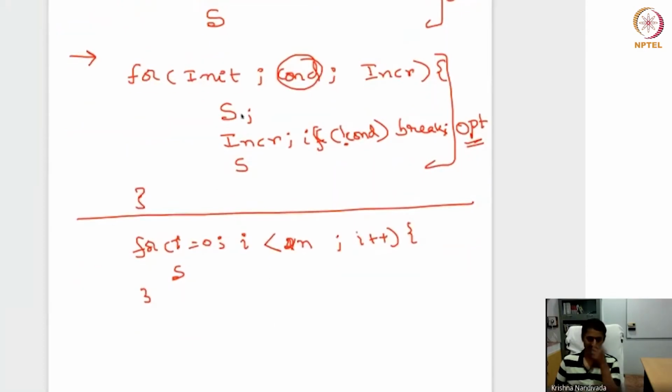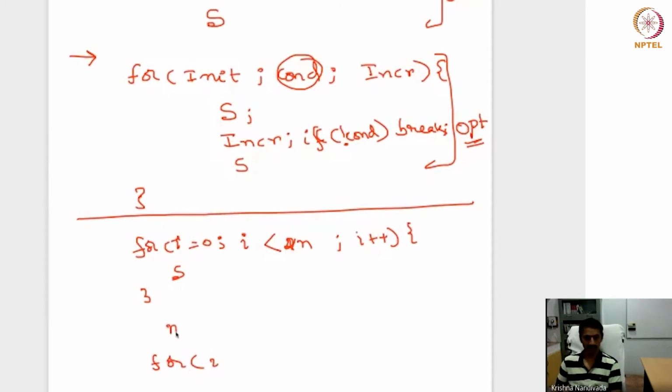I want to, like before, unroll this loop body by one so that I'll have two bodies of S. So what I will do is the following. There are two possibilities, right? n is a multiple of 2, or n is not a multiple of 2. So what will I do is the following.